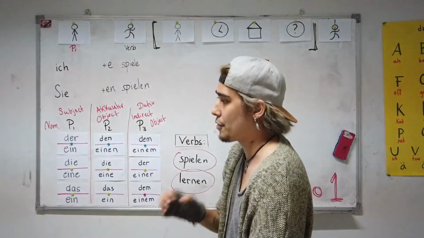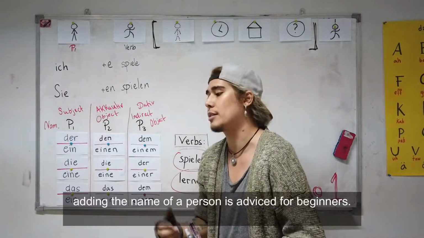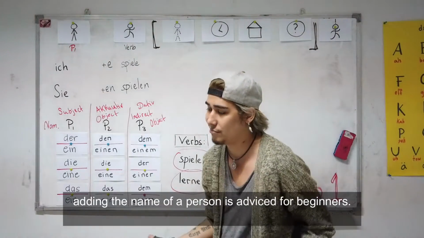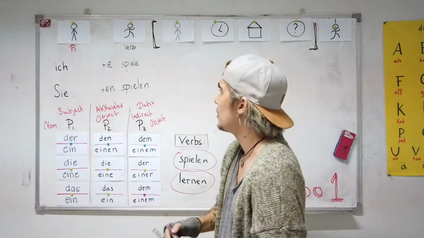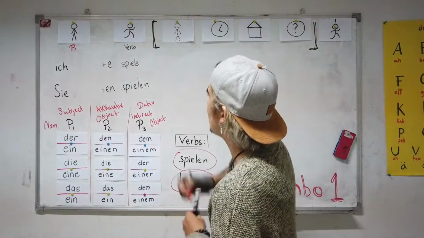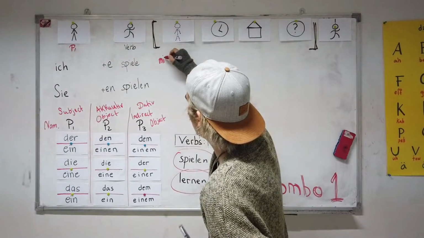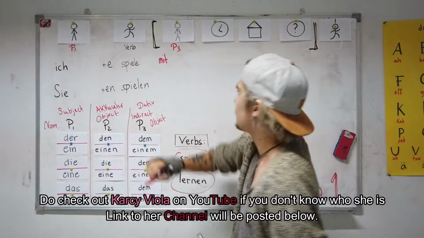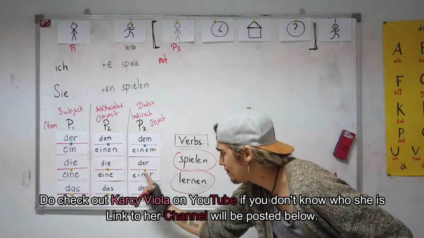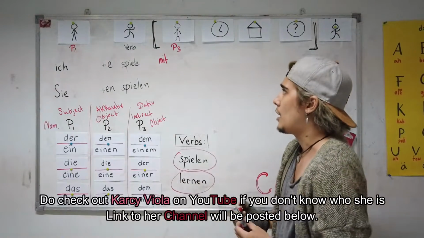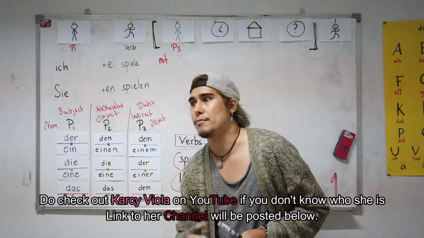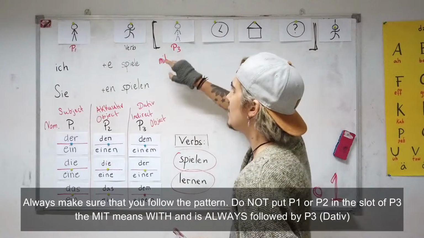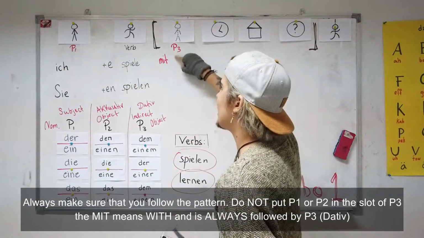If you want to add a third person into your sentence, meaning who you're playing with, like I'm playing, but I don't want to play alone, so we're going to add mit. This guy right here, that's P3. So if I'm going to make a basic sentence, I want you to add the mit and then just add a name.